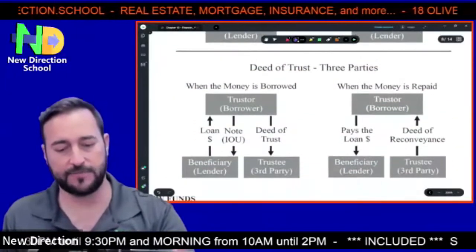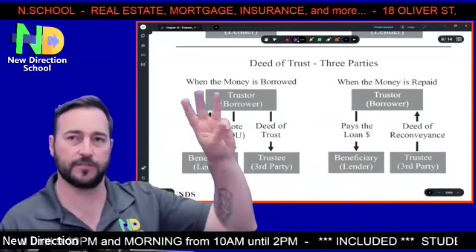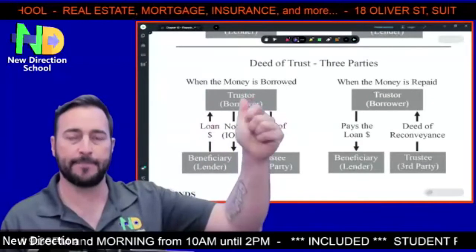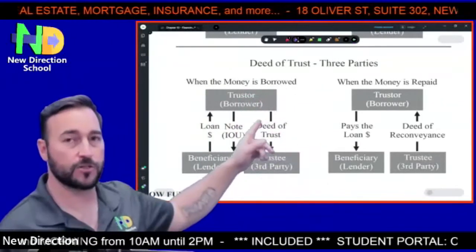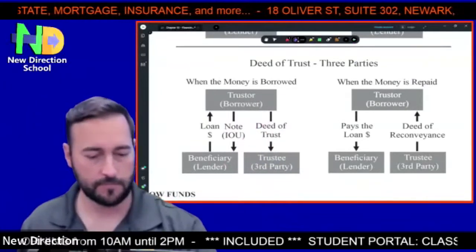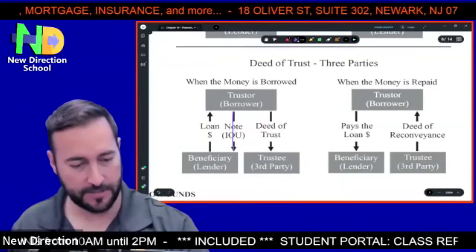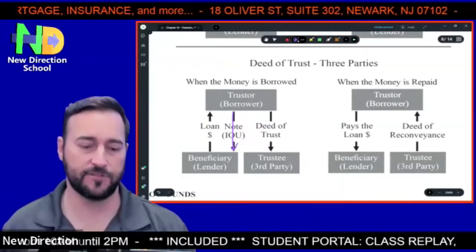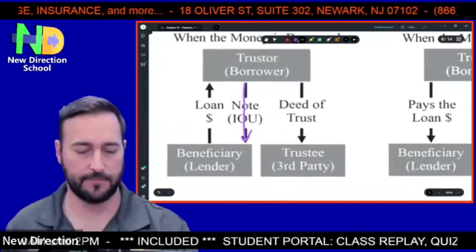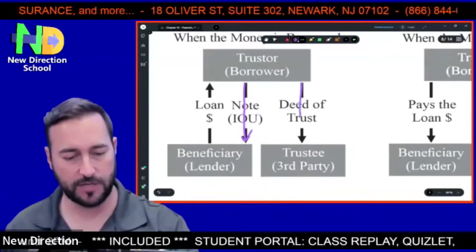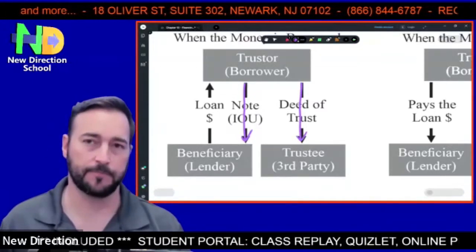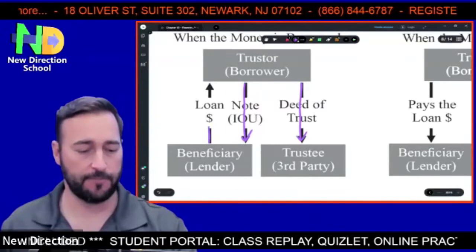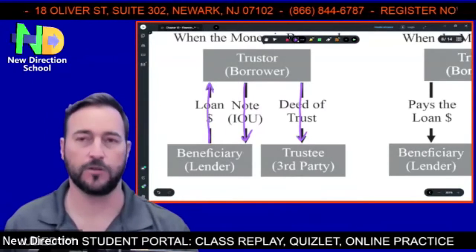If it's a deed of trust, there's three parties involved: the trustor, the trustee, and the beneficiary. The trustor gives the promissory notes to the beneficiary, to the lender, and gives a deed of trust or deeds the property to the trustee in exchange for the loan amount.